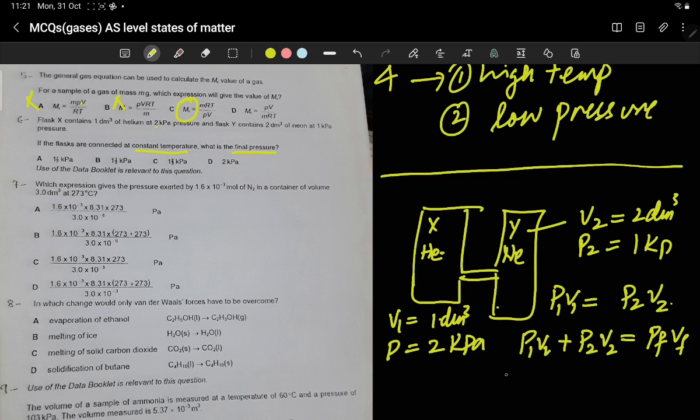Pressure in flask X is 2 into 1 plus P2 is 1 into 2 is equal to P final, and the final volume is 3.